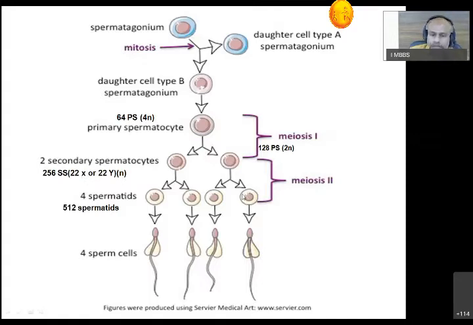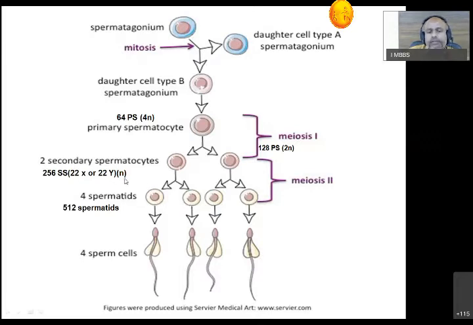Again, there is a mitotic division. Forget about this: two meiotic divisions and several mitotic divisions. After the formation of secondary spermatocyte, one mitotic division, each secondary spermatocyte further gives two types: 22X further divides to give two 22X-containing sperms.